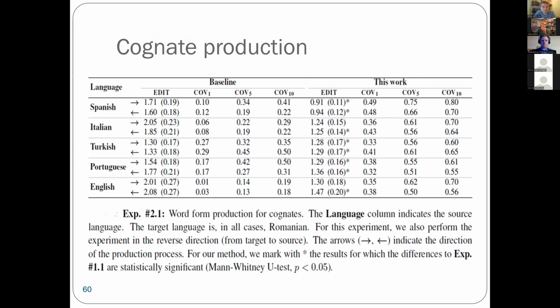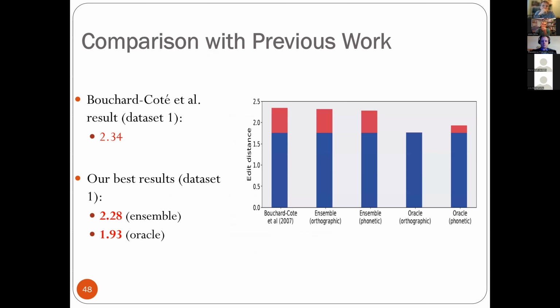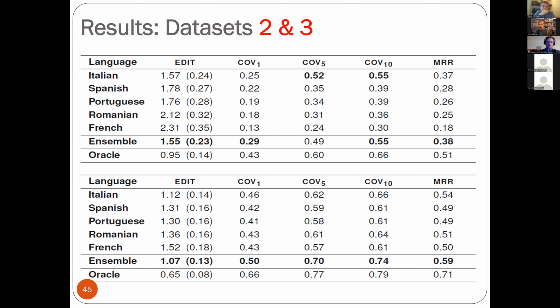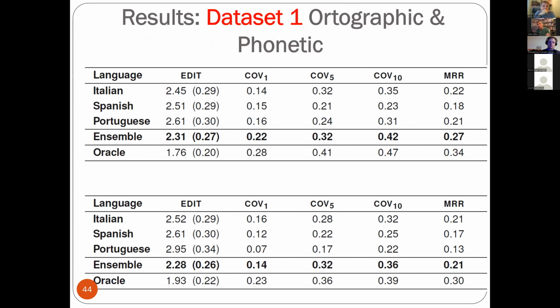Yes, we always start with orthographic forms. It was actually a decision for us, because at the beginning, especially for Romanian and others, it was not easy to use the phonetic, and we said, let's see if we have results, and then probably there will be a difference, but not so big.